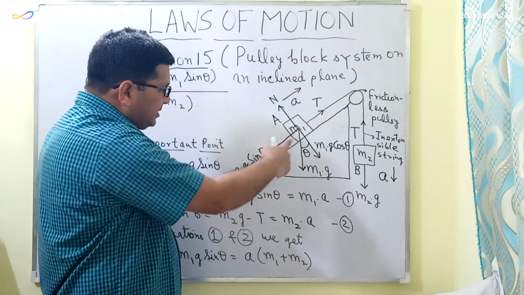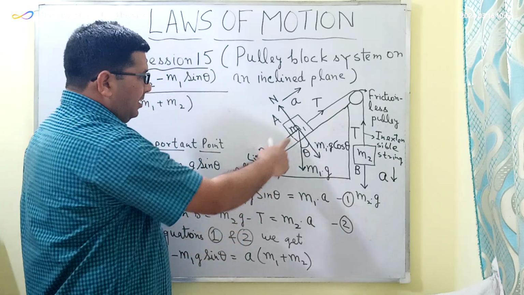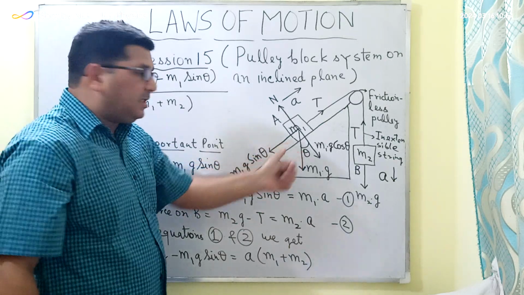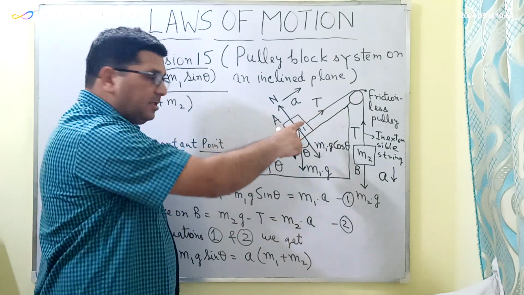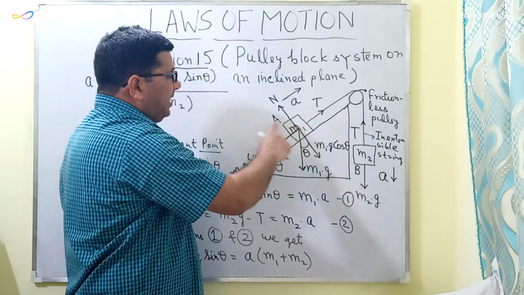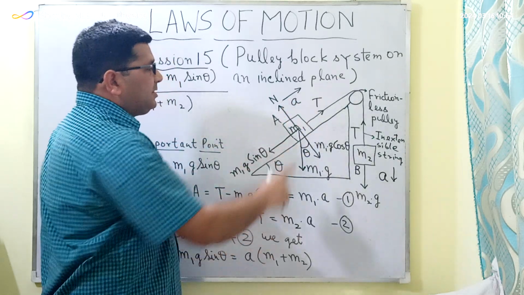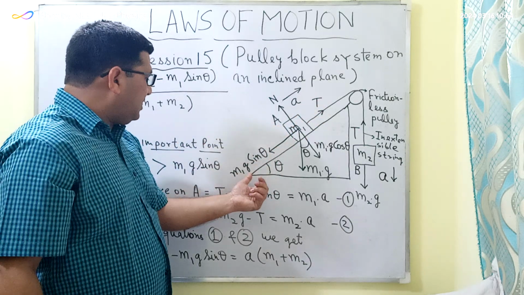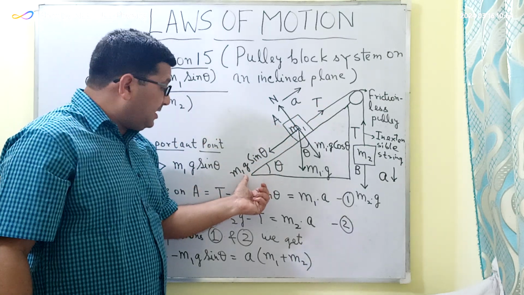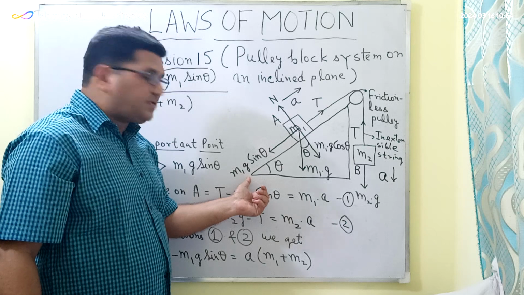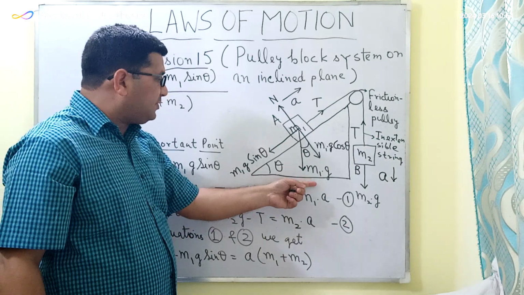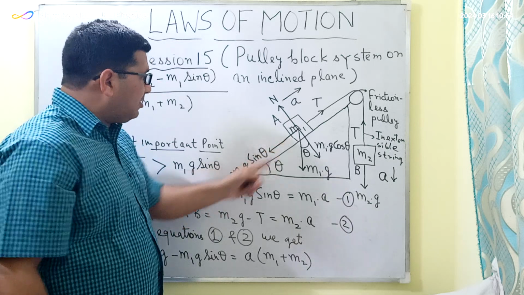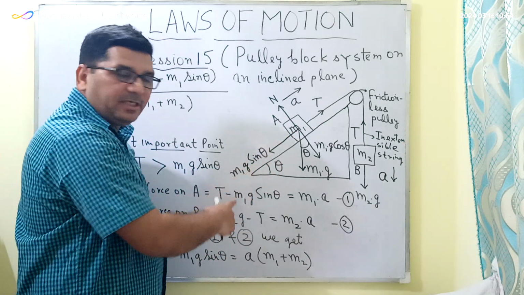The component along this inclined plane will be acting in the opposite direction of this tension, and this block A will move in this upward direction only when the tension is more than this component, which is the component of this weight along this inclined plane.